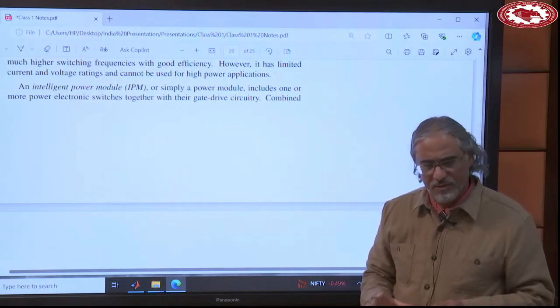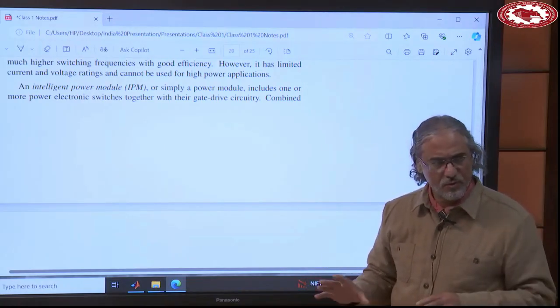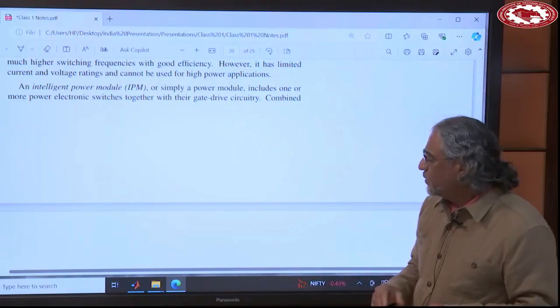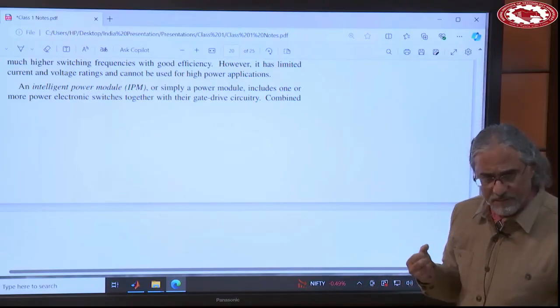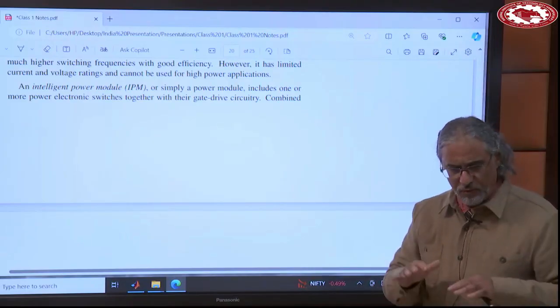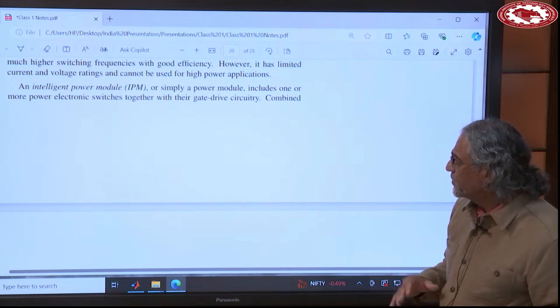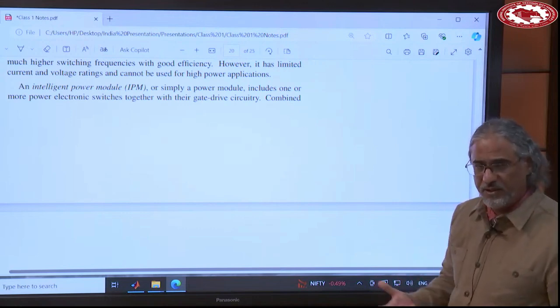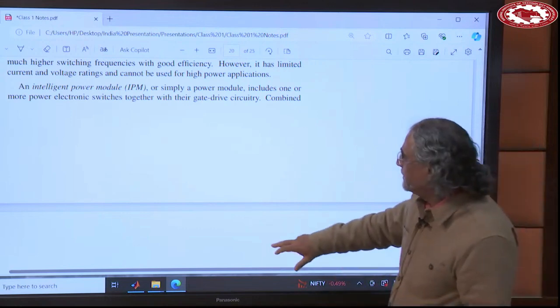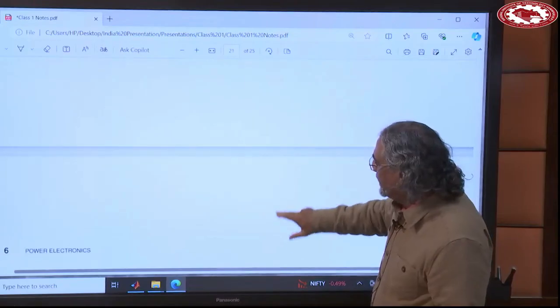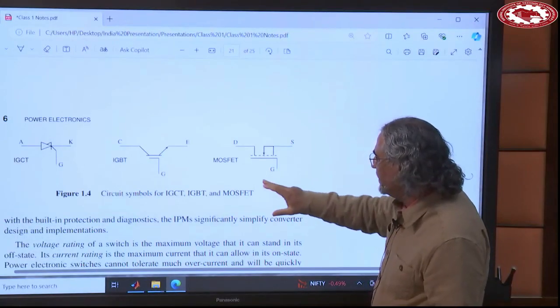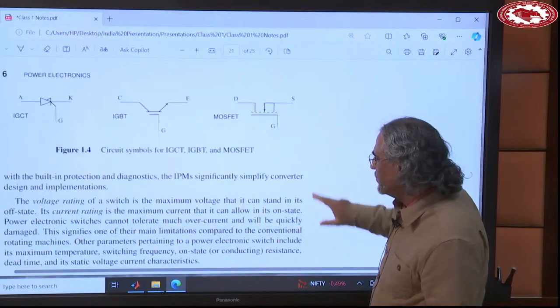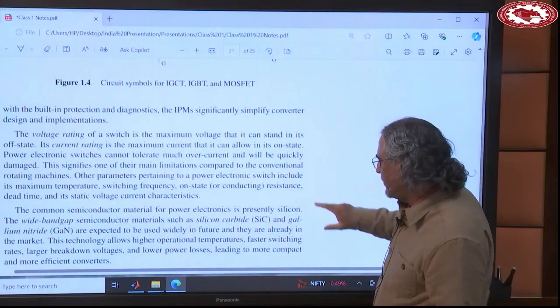Most of the converters that we have multiple switches, 2, 4, 6. So why not buy all of them together? And all the circuitry and protection around them. So it's called a power module or intelligent power module. These are the circuit diagrams for these switches that I said, power rating thing.